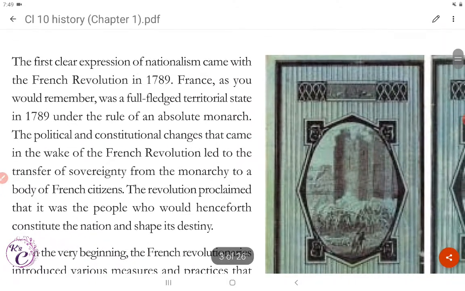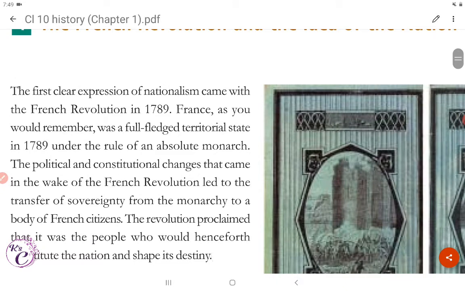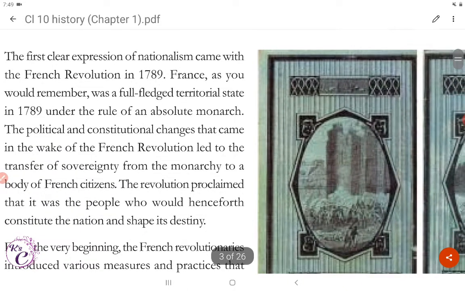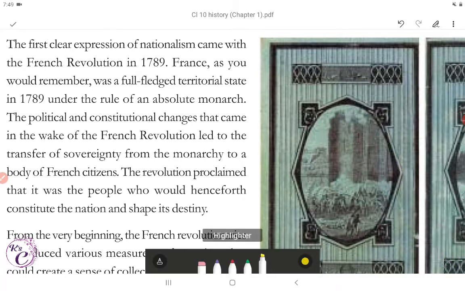Okay. The first clear expression of nationalism came with the French Revolution in 1789. France, as you would remember, was a full-fledged territorial state in 1789 under the rule of an absolute monarch.